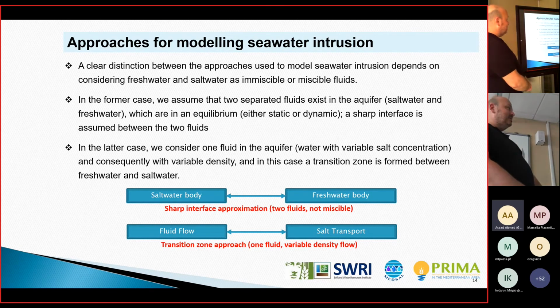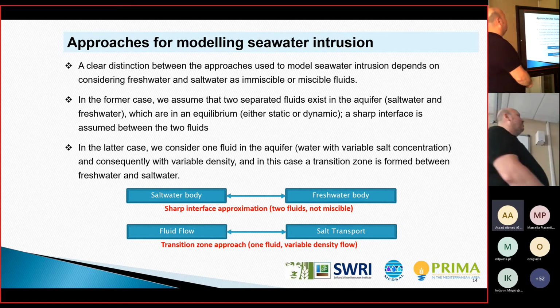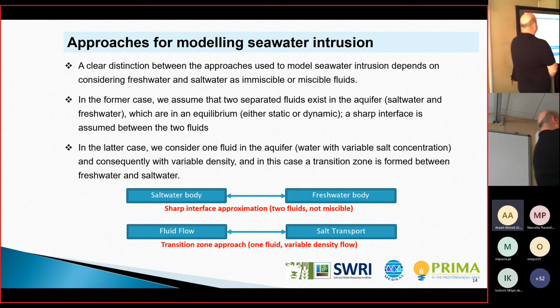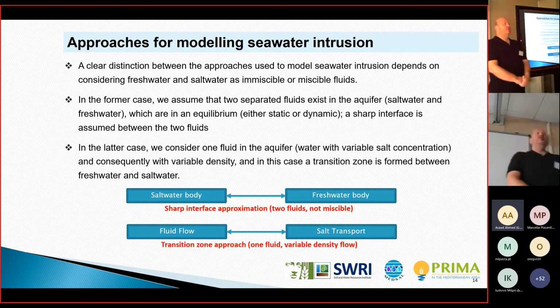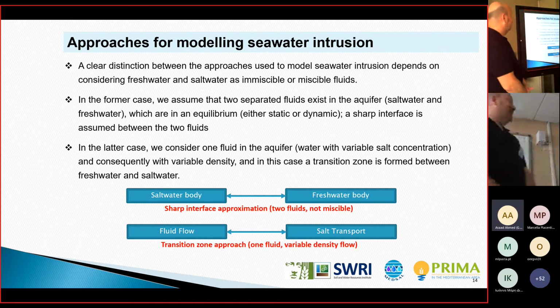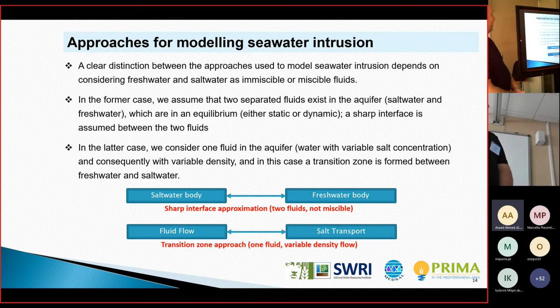And in this case, we assume that the sharp interface is developed between the two fluids. In the other case, we consider one fluid in the aquifer, which is water, with a variable salt concentration and thus variable density. And in this case, the transition zone is formed between the freshwater and saltwater.